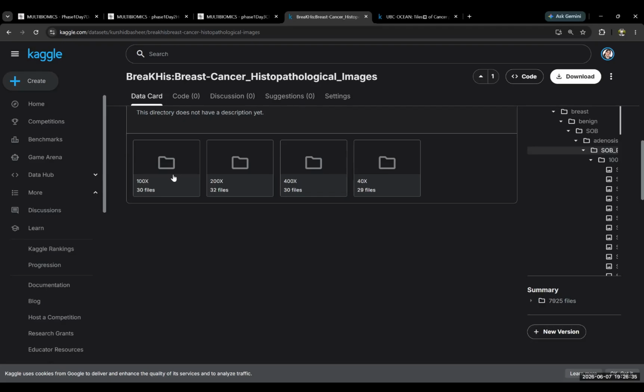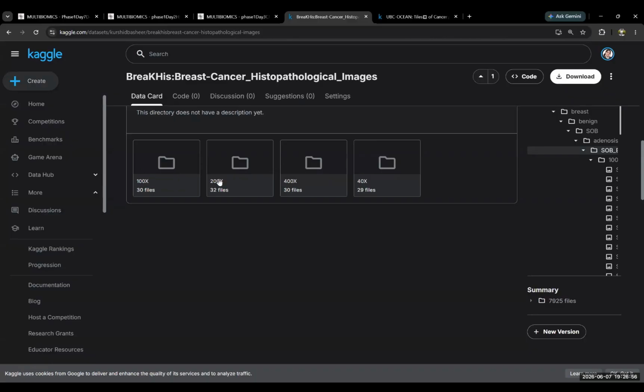So if I open, each patient has 100x, 200x, 400x, and 40x magnification images. Can you see whether each of the images has the same number of files? Are they equally distributed?